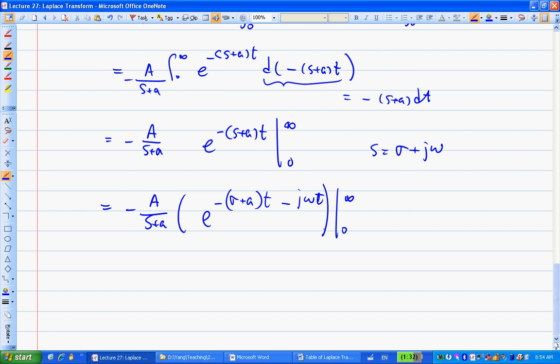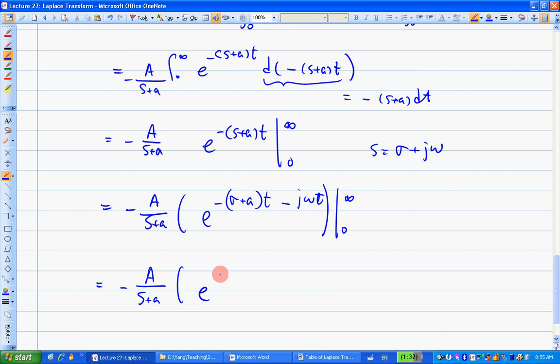Is that all right? Take a second look at this. Nothing special: just plugging s equal to sigma plus j omega into this expression, combining the real numbers together and singling out the complex part. Now if I plug in t equal to infinity here, what do I get?